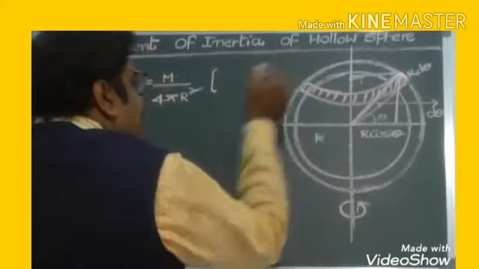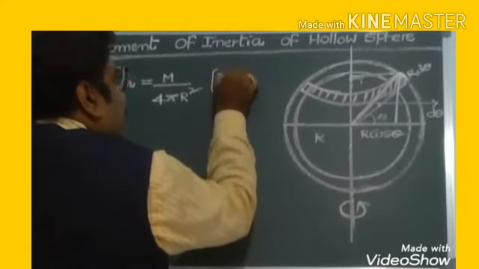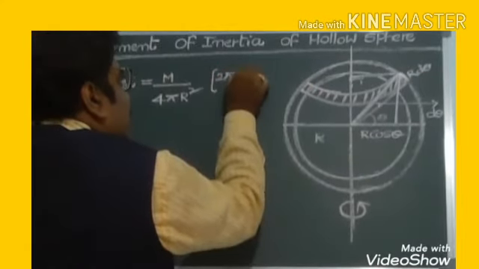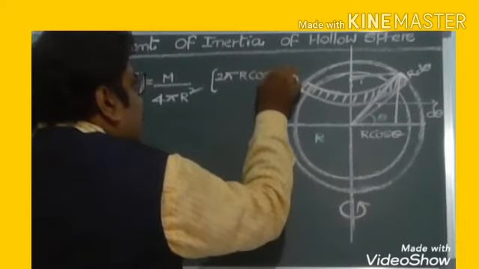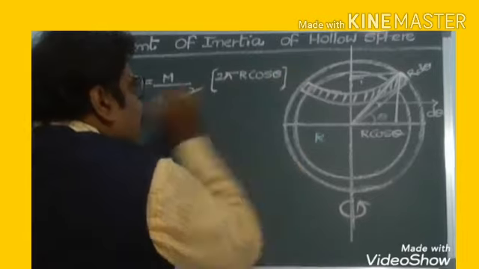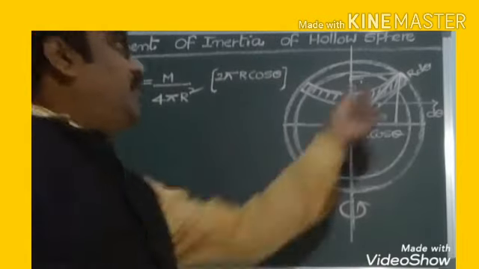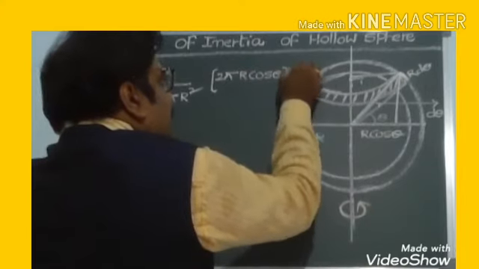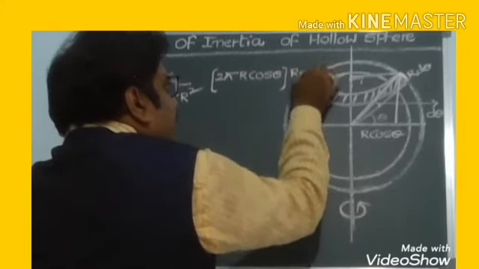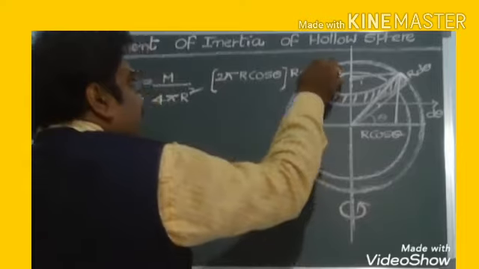The circumference of the circle is here 2 pi times the radius we just decided, 2 pi r cos theta, into width r d theta. This product gives the surface area of the unit cell of spherical ring.